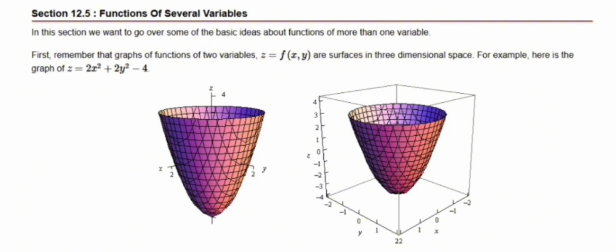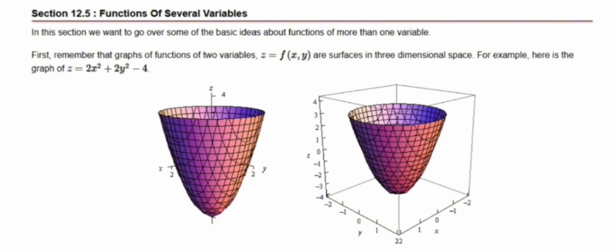Recall that the domain of a function of a single variable, g equals f of x, consisted of all the values of x that we could plug into the function and get back a real number.